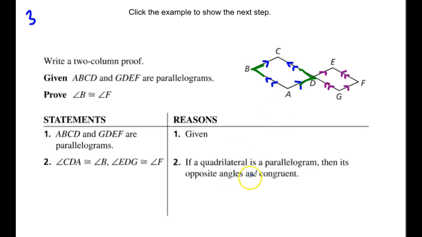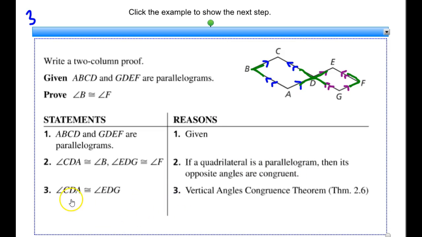And I know that because if my quadrilateral is a parallelogram, then the opposite angles are congruent. I also know that angle EDG is congruent to angle F, right? That's my theorem as well, that if it is a quadrilateral, and if it is a parallelogram, then my opposite angles are congruent. So now I know that angle CDA and angle EDG are congruent, right?